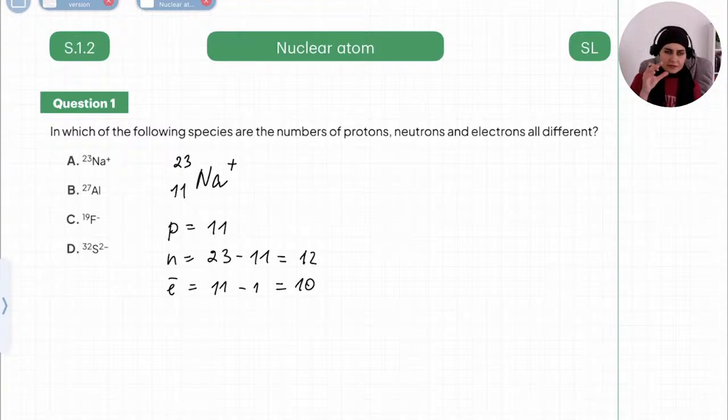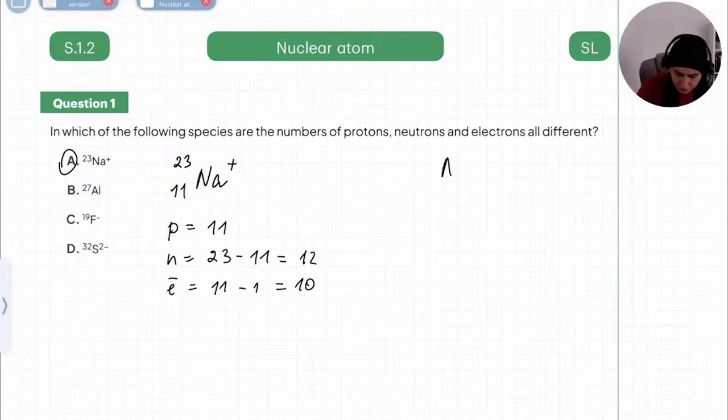If the ion has a positive charge, it means that you've removed something negative, and that something is an electron, so 10. And this is actually the answer, because we need the species where the numbers of protons, neutrons, and electrons are all different. So that's A. Let's do the rest just for the sake of practice.